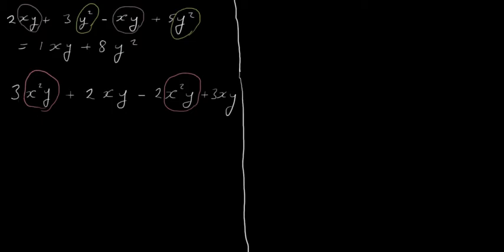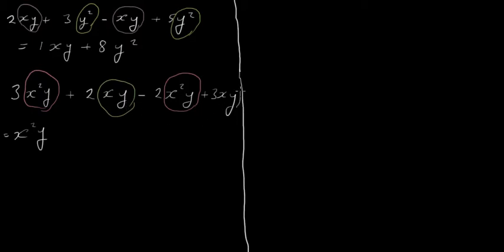So we have 3 of them here, and we have minus 2 of them. So 3 minus 2 is 1. So we end up with x squared y, just 1x squared y. Now, we're going to look along here again at our next term. We've got an xy. Do we have any other xy's? Well, we do.